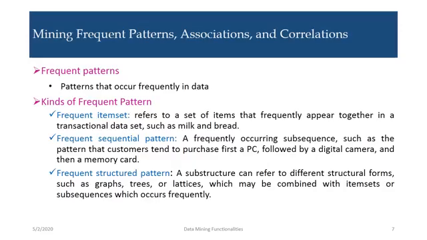So what is a frequent item set? It refers to a set of items that frequently appear together in a transactional data set, such as milk and bread. Now suppose in a transactional data set, generally we have a transaction ID which reflects the identification number of a particular transaction, and which stores the items for that transaction.